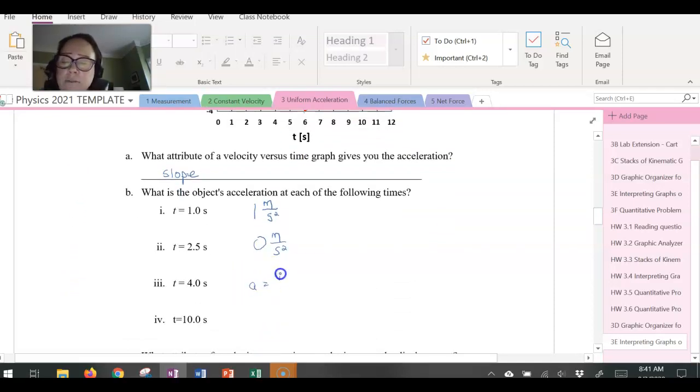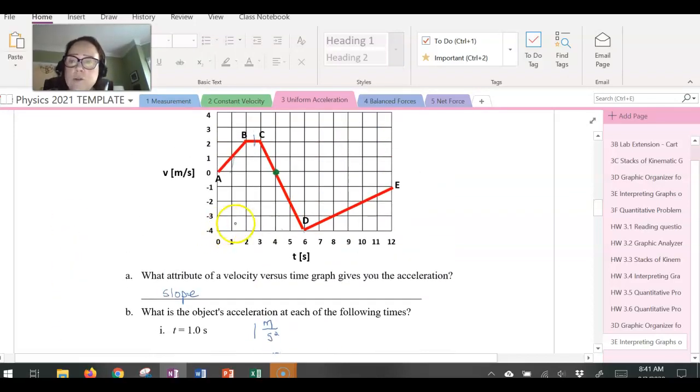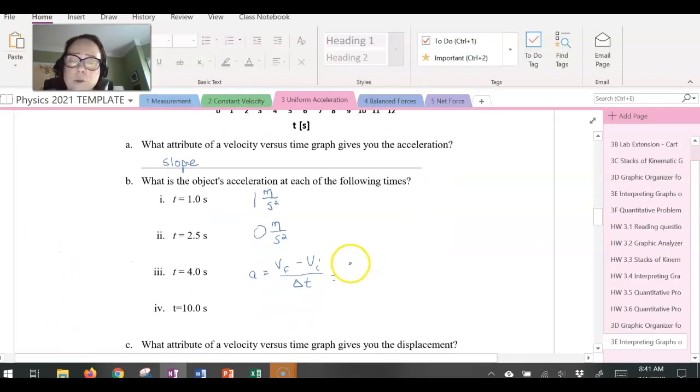So acceleration is the final velocity minus the initial velocity over the elapsed time. And so that would be, let me just check those numbers again, -4 minus 2 meters per second, and it did that in 3 seconds. So that is -2 meters per second squared.